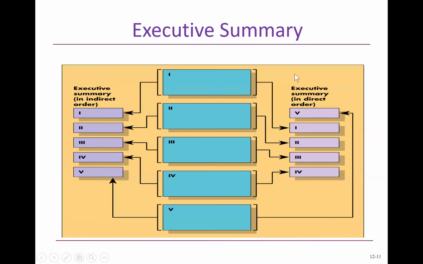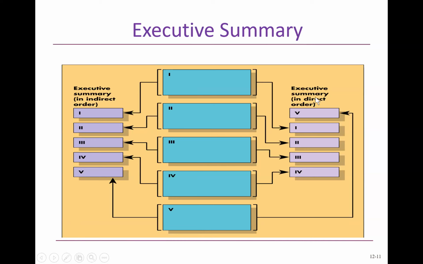You can write the executive summary. This is the format of the executive summary. Say for example, I have told you about 5 chapters. Isn't it? There are 5 sections. Say for example, you are going to include 5 paragraphs, 1 para, 2 para, 3 para, 4 para, 5 para. So from where will you start?